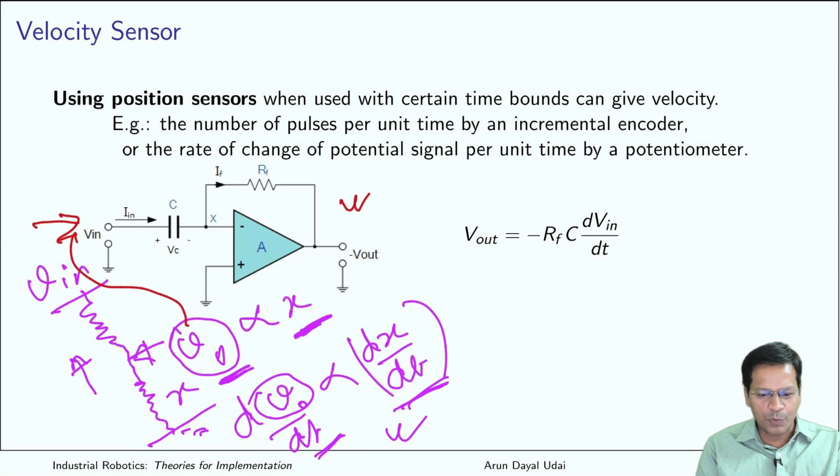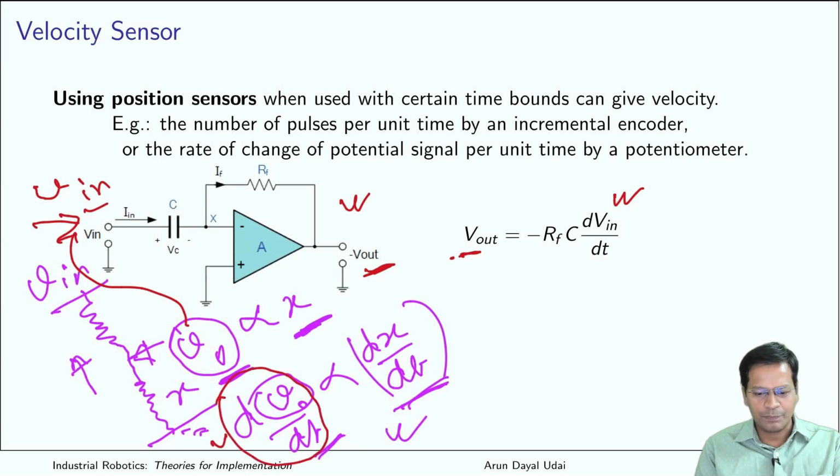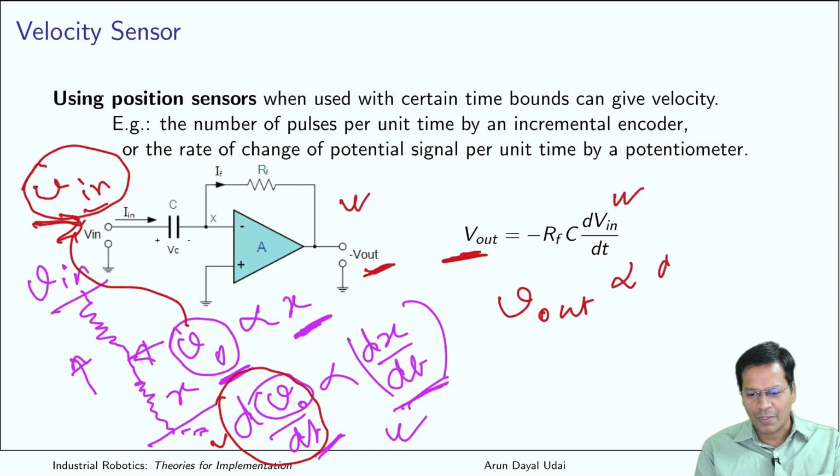The output from this differentiator is proportional to the rate of change of whatever voltage comes to the input. So the output from the op amp is proportional to the rate of change of the output from your potentiometer, which is proportional to the rate of change of displacement.